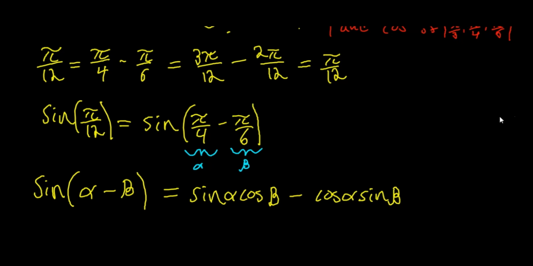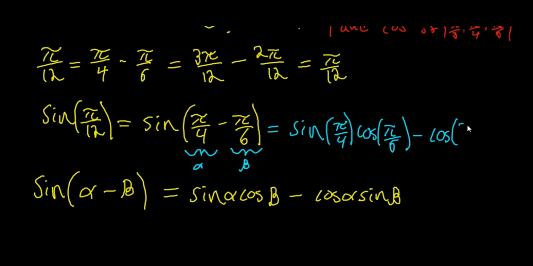This means that sine of pi over 4 minus pi over 6 is the same as sine of pi over 4 times cosine of pi over 6 minus cosine of pi over 4 times sine of pi over 6.